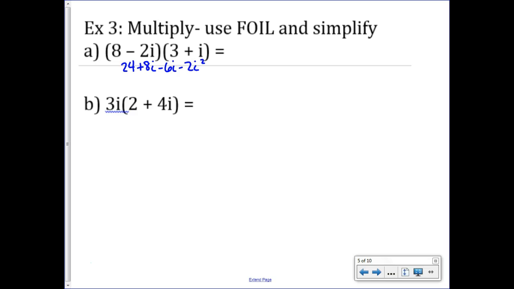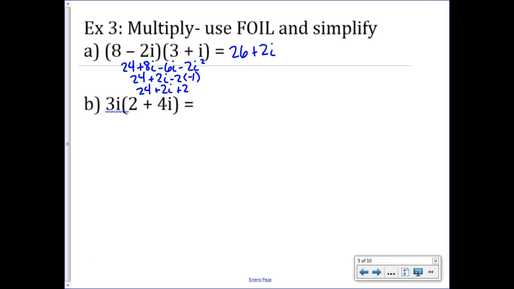So now that's where things are a little bit different, because then I have 24 plus 2i, and then I have -2, and then i squared we know is -1. So now I have 24 plus 2i plus 2. So I can rewrite that as 26 plus 2i.